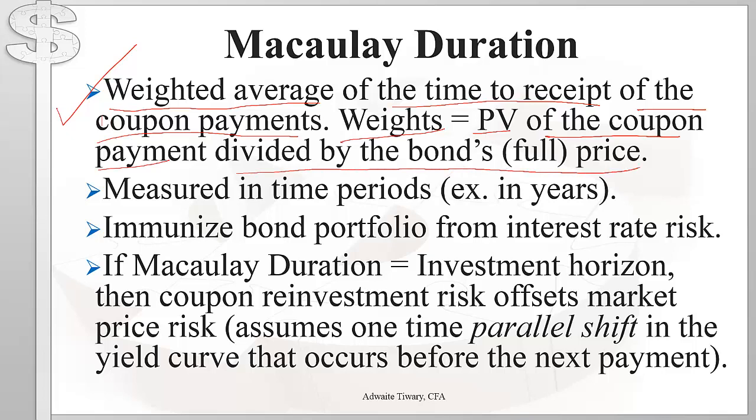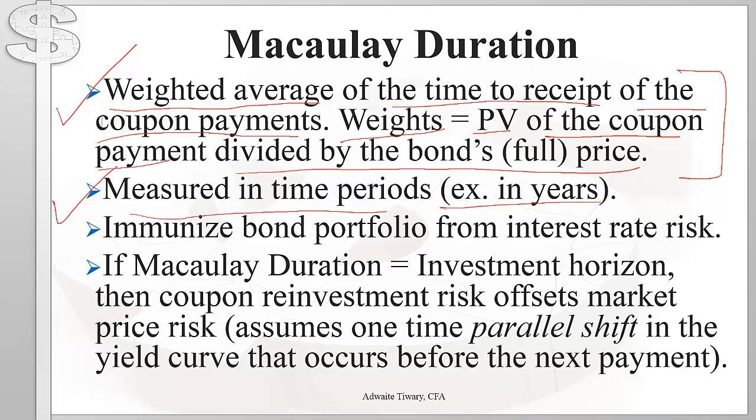Whenever I say bond's price in this presentation, I mean a bond's full price. Now, this is a fairly complicated definition, but it will become a lot clearer when we work through an example shortly. The important thing to remember for now is Macaulay duration is measured in time periods. For example, it's measured in years.